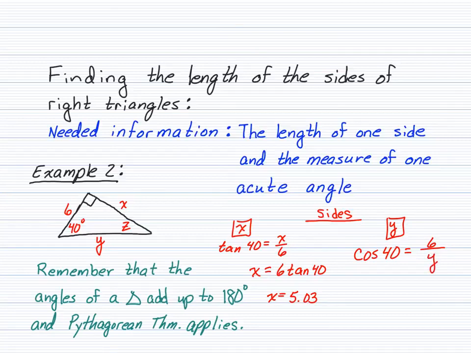All right, so what we would do to solve for y here, because it's in the denominator, we would multiply y over to the other side, giving us y times the cosine of 40 is equal to 6. And then we divide by cosine of 40, so that gives us 6 divided by cosine of 40.